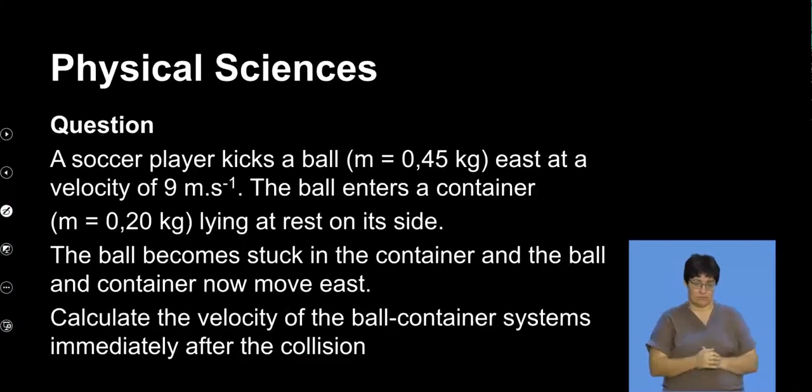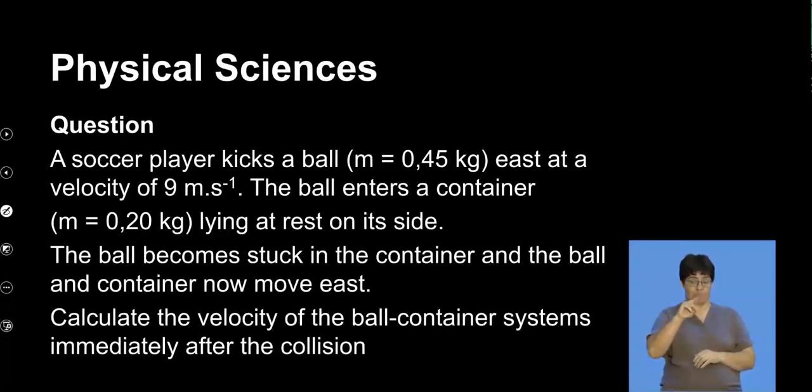Let's do another question. So we have a soccer player who kicks a ball, which has a mass of 0.45 kilograms, east. Now I'm using east, at a velocity of 9. This is an interesting question. Now I say to you, the ball enters a container of 0.2 kilograms, lying at rest on its side.